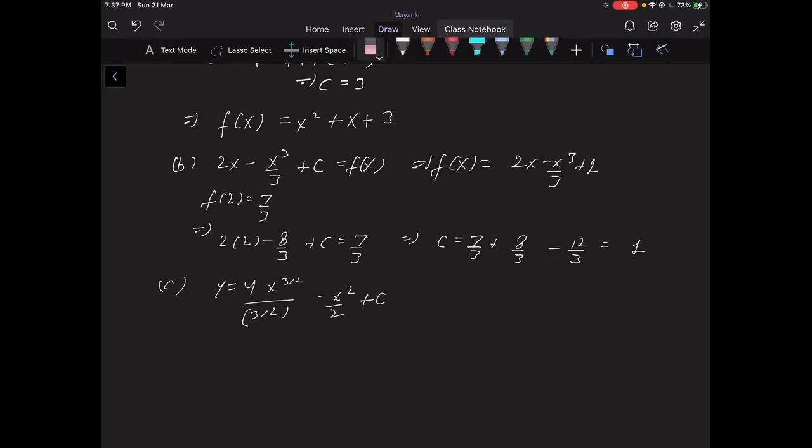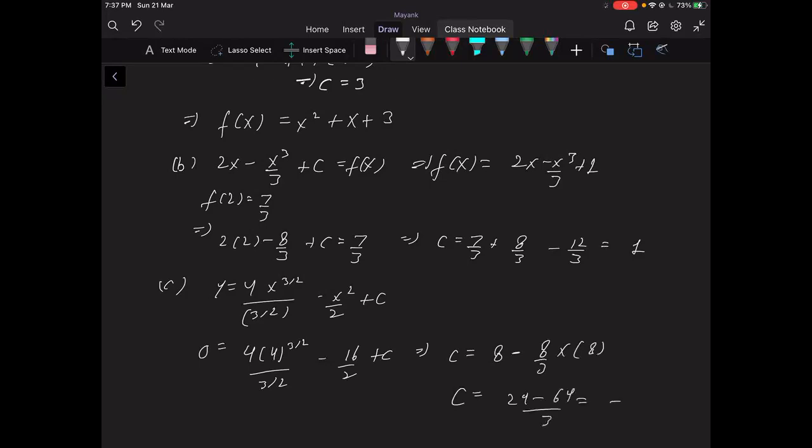Oh, okay. So that's what I got. I accidentally took the y and x values from D part accidentally.